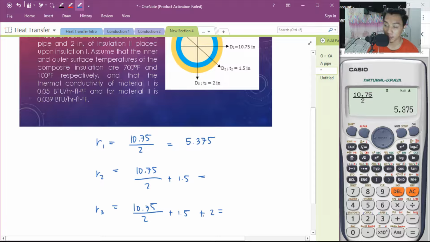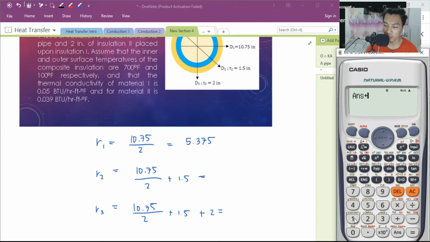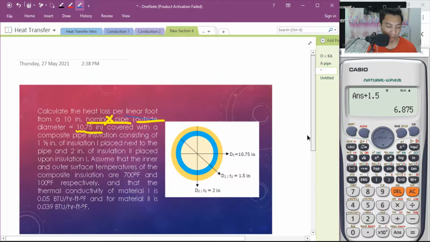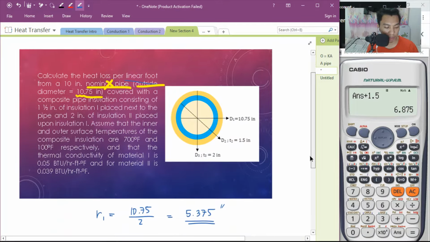Tapos ito, plus 1.5 ko na lang, that is 6.875 inches. Plus 2, o di 8.875. Okay na yan. Meron tayo R1, R2, and R3.